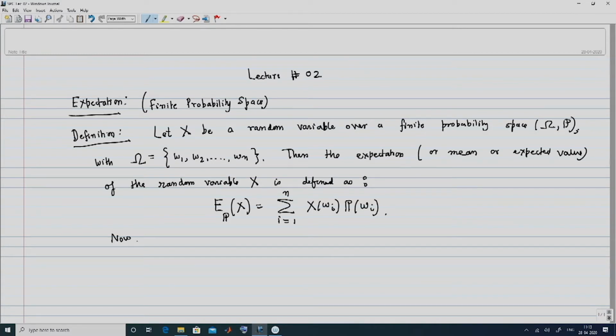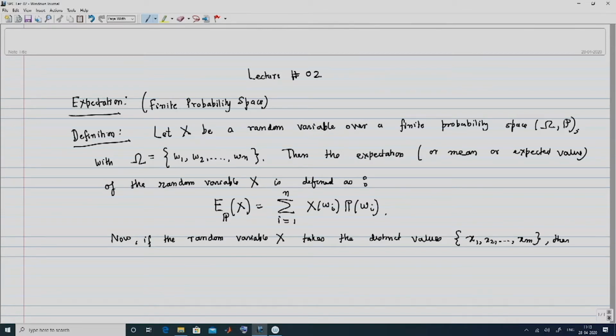Now, if the random variable X takes a certain number of distinct values, suppose it takes the distinct values, and I will enumerate them as x1, x2 all the way to xm.